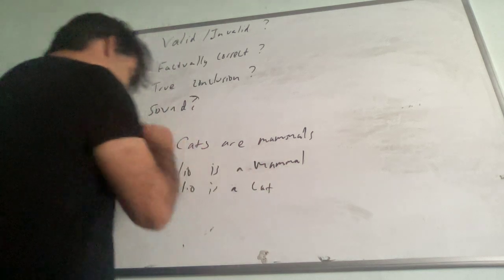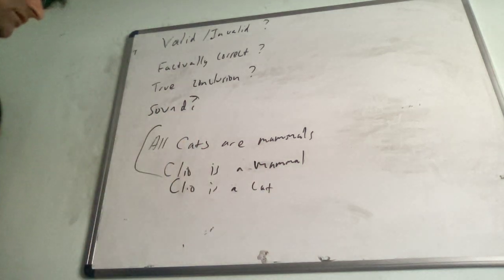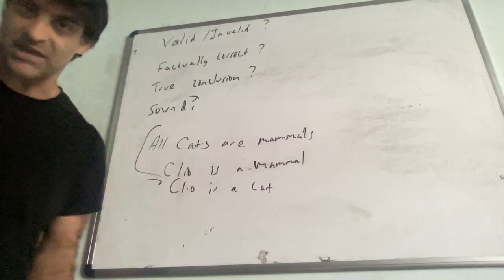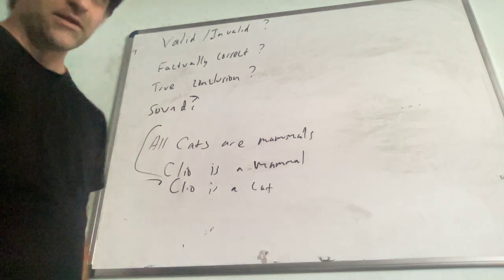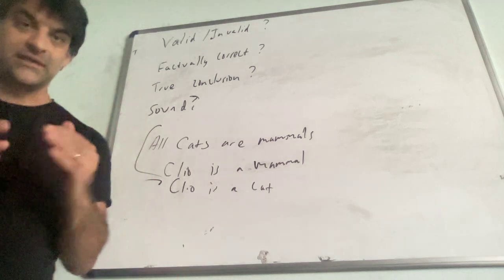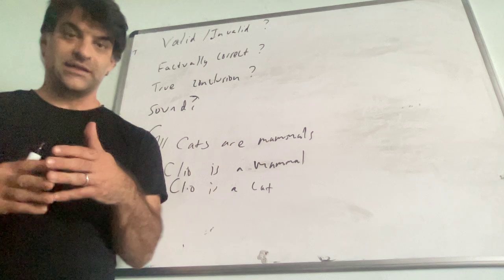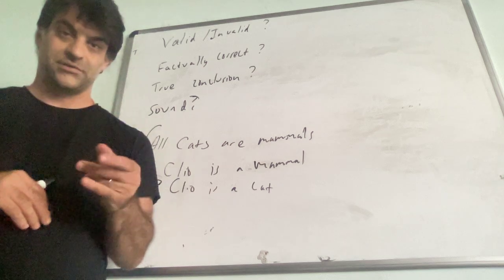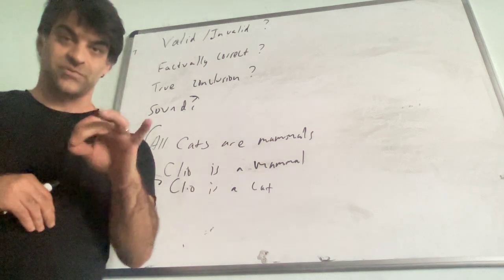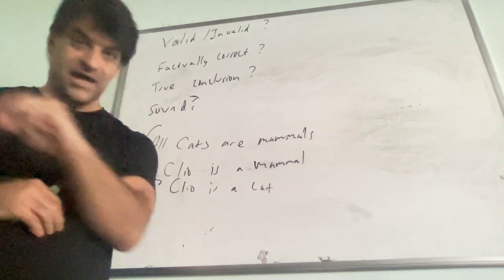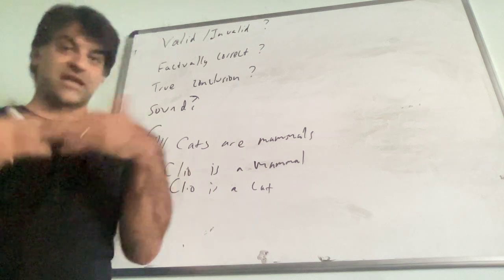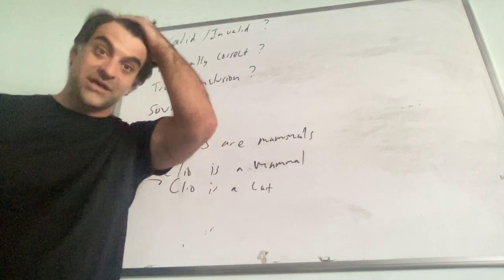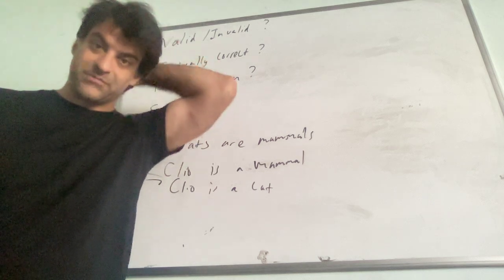That is invalid, but these statements are of course true. So is the conclusion in this case. Okay? So you have to recognize that validity only rules out one thing: a valid argument with true premises cannot have a false conclusion. Everything else there are examples of.